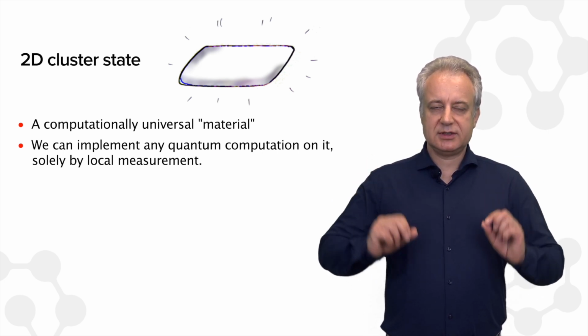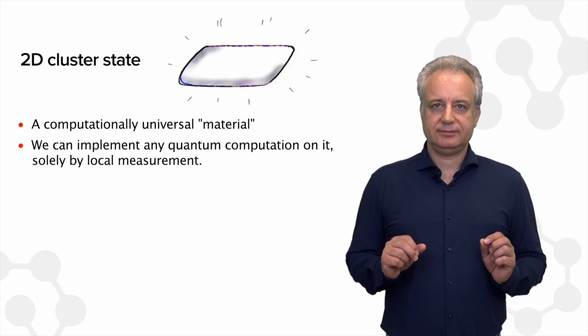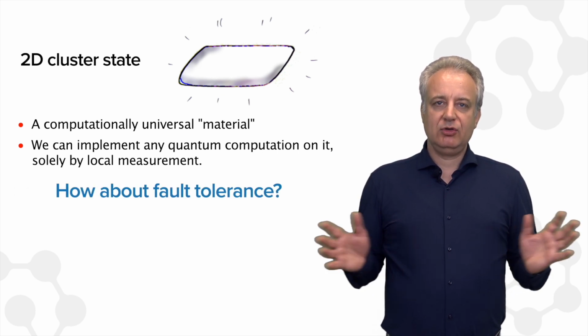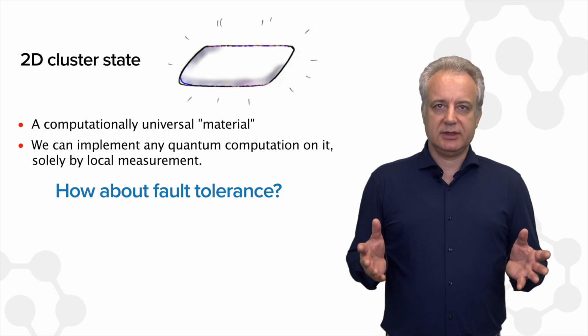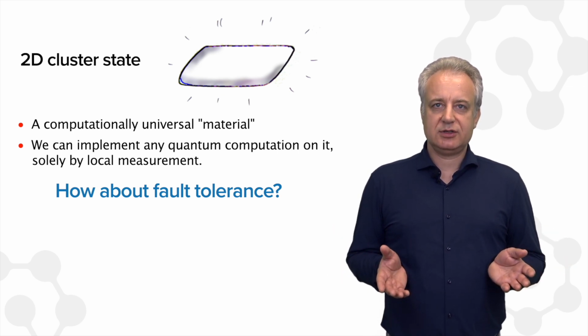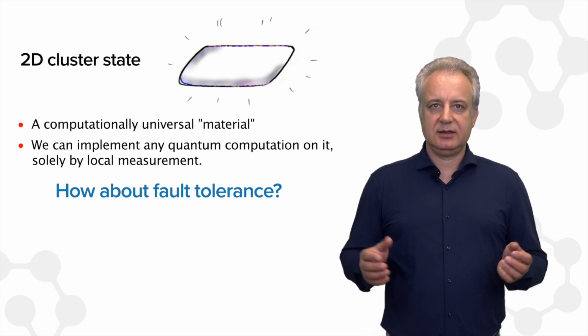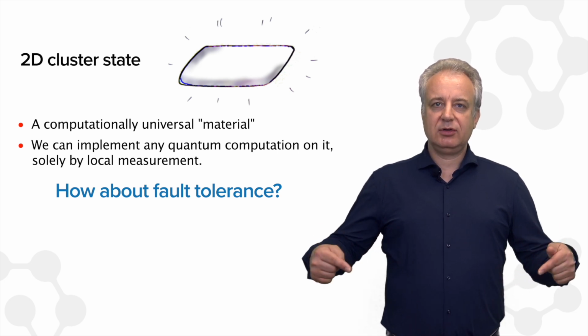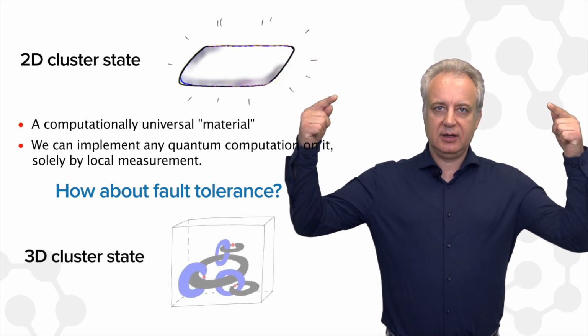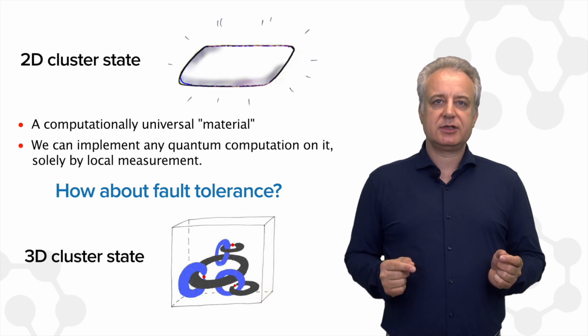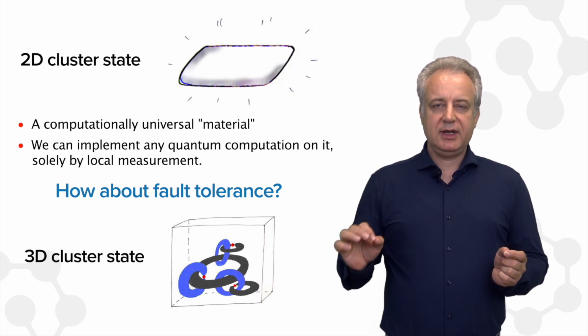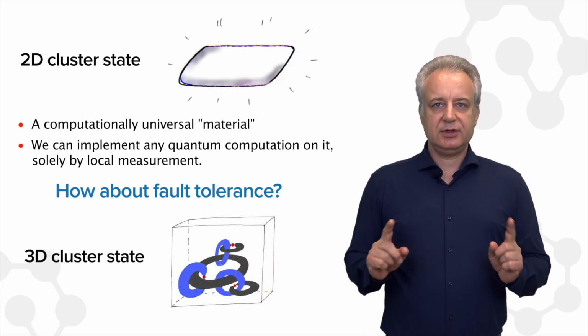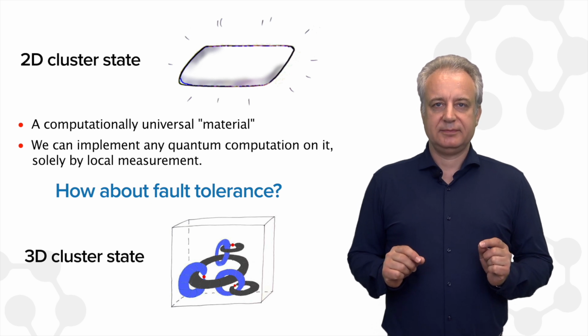This is a universal scheme of quantum computation. And now you may ask, what about fault tolerance? Can we do fault-tolerant quantum computation too? Yes, we can. And for that, we need to go one dimension higher. We no longer talk about two-dimensional cluster states, but three-dimensional cluster states. And we will talk about that as well.